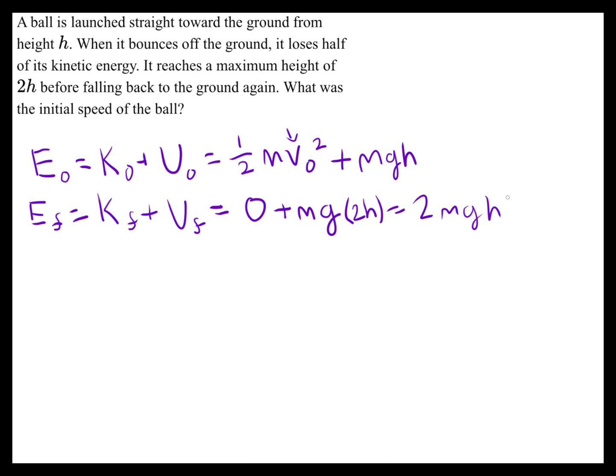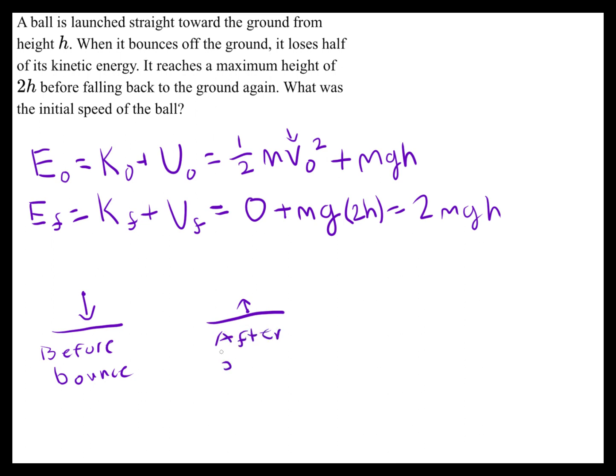Now we need to find some way to relate these two. So I'm going to draw two diagrams. Let's say this is the ball right before the bounce, and this is going to be the ball right after the bounce.